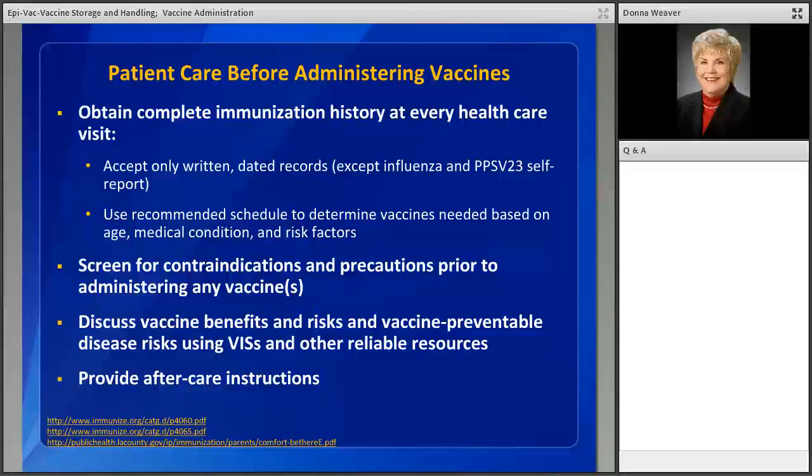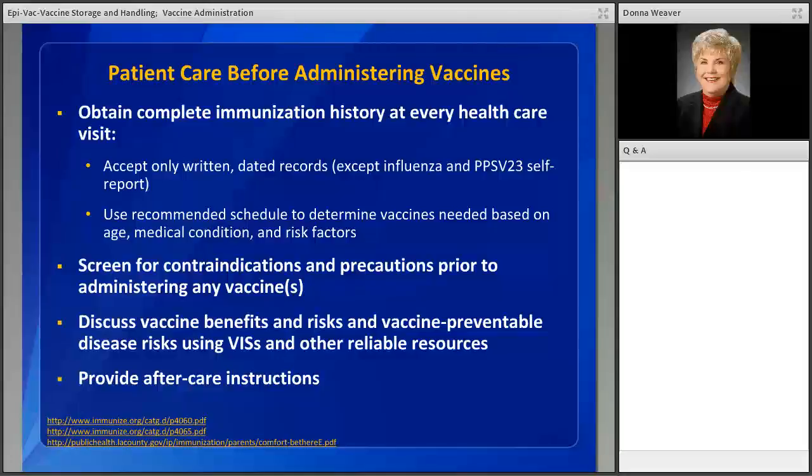All patients should be screened for contraindications and precautions prior to administering any vaccine, even if the patient has previously received that vaccine. And if you do not have screening questionnaires, we've included links to screening forms available on the Immunization Action Coalition website.